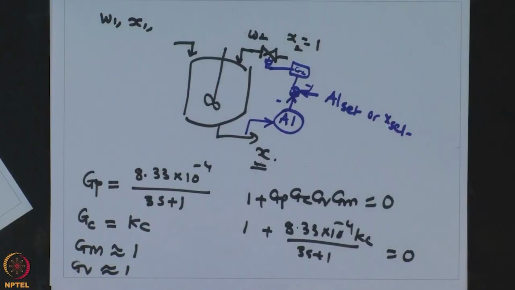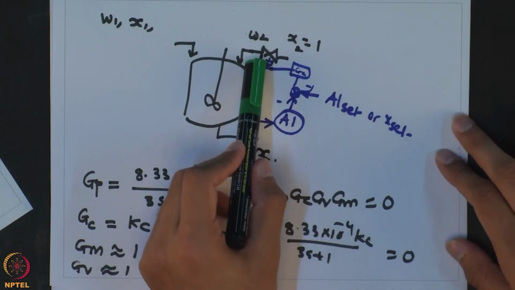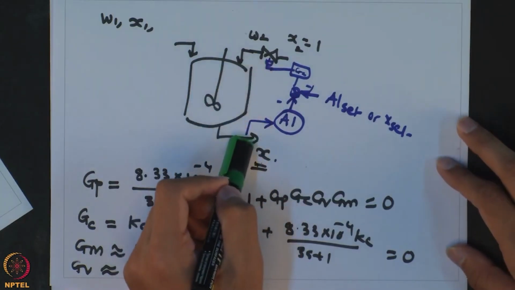What we are doing here is that we are measuring the composition, and accordingly the feedback system is taking an action. Now, composition measurement is very slow.